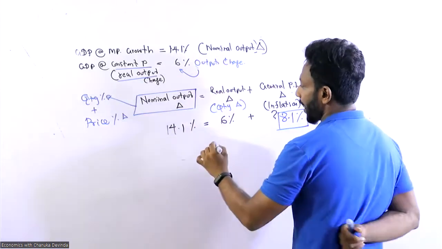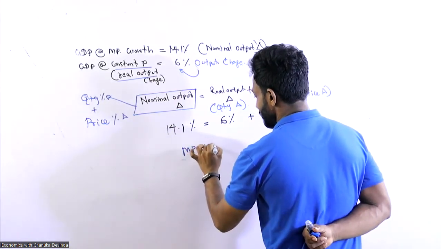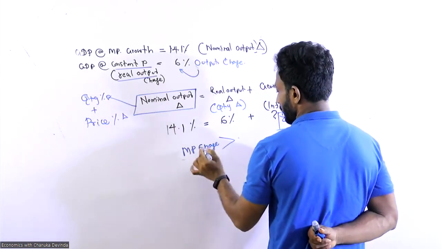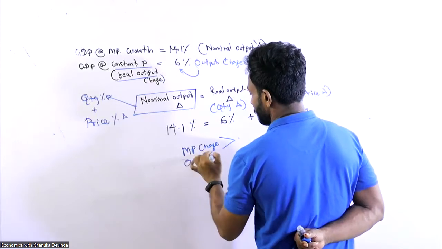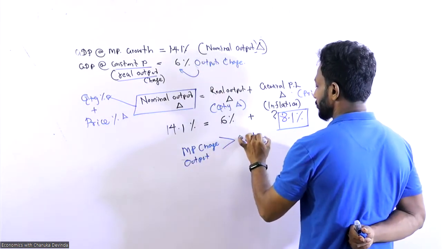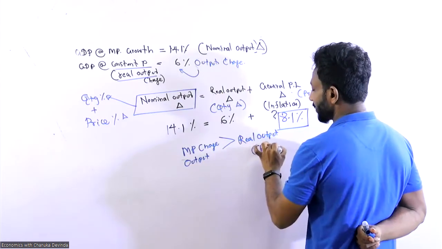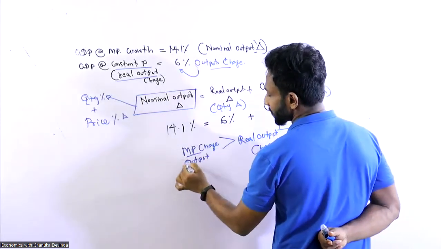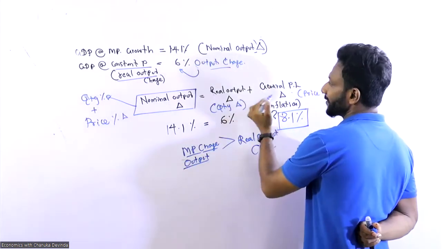Nominal output, that means market price change, is more than real output change. The real output change has only the quantity change, only the output change. But the market price output change has both the quantity change and the general price level change.